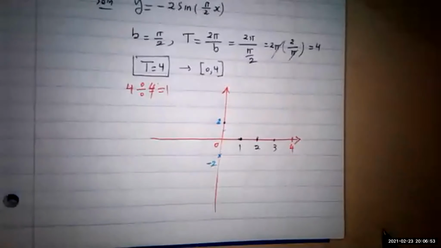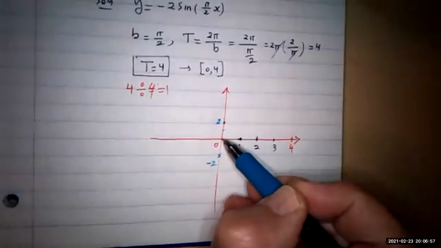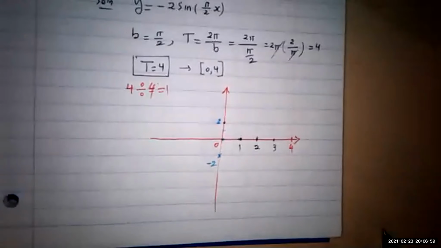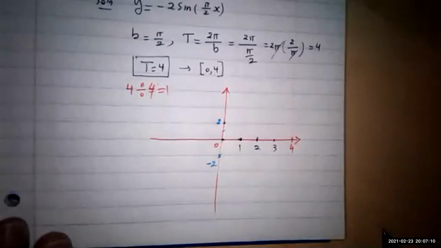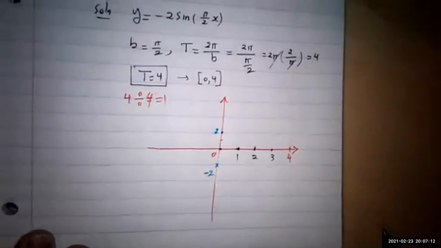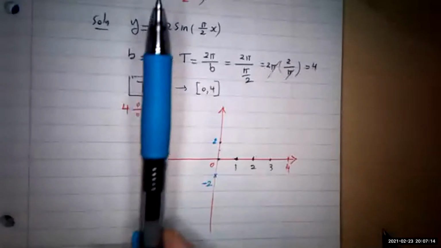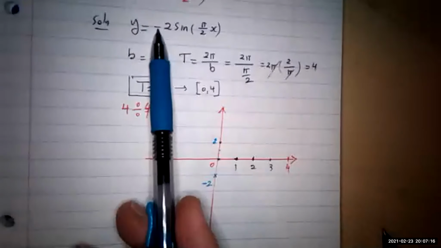Okay, you start from the origin. So you have to start from here. For this point, you would normally have a maximum. But this one is interesting. What is interesting about this one? Look at the coefficient. The coefficient is a negative 2.